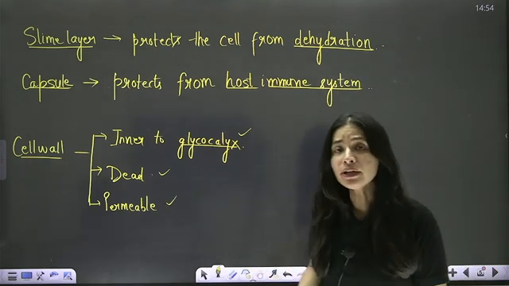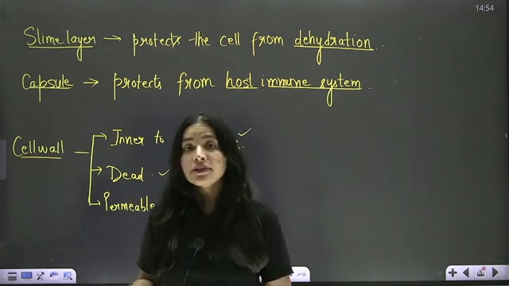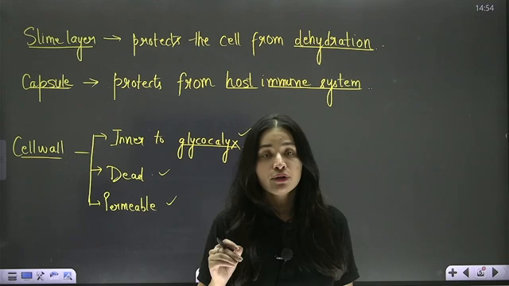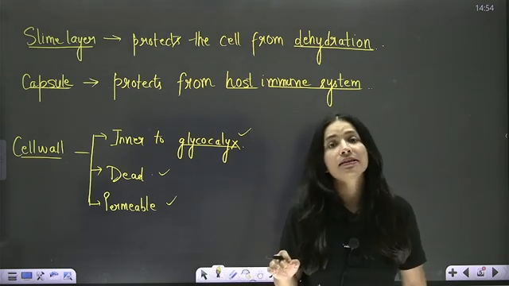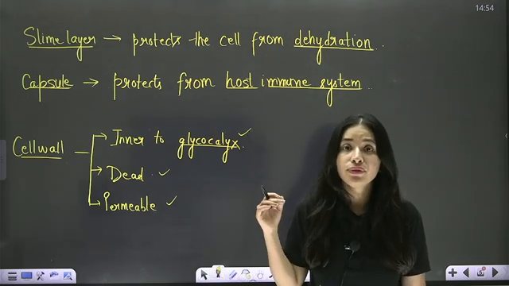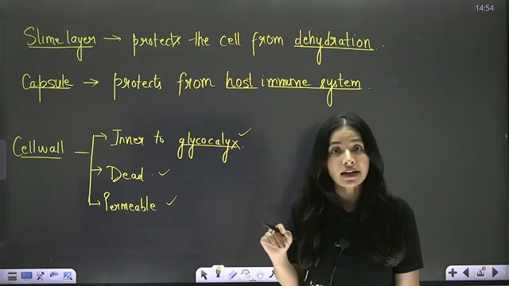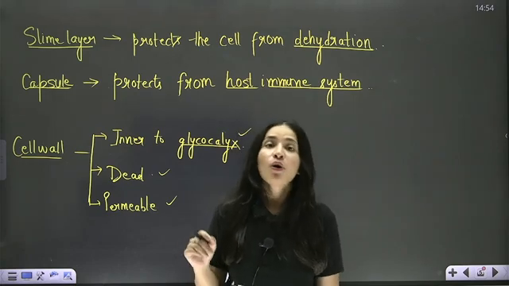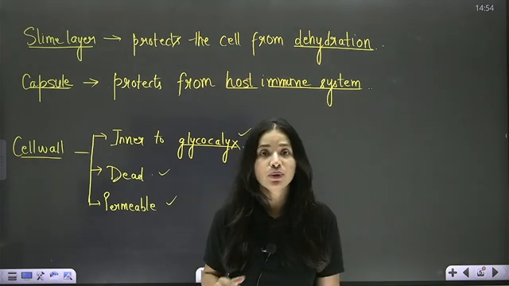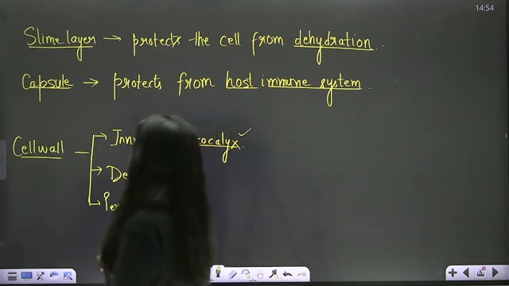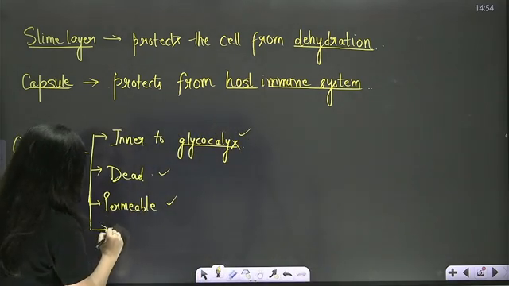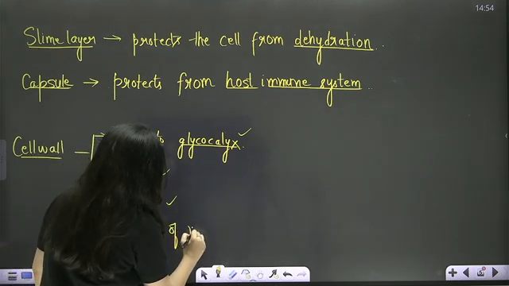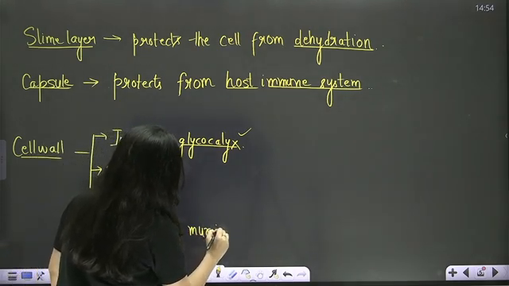Now, moving towards the fourth point, let's try to understand what this cell wall is made up of. So when the question comes that the bacterial cell wall is made up of which chemical, then your answer will be very good everyone: peptidoglycan, also called murein. So the next point that you're going to write over here is the cell wall is made up of murein.